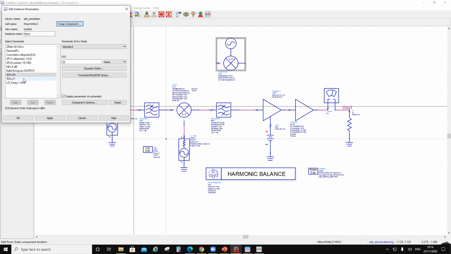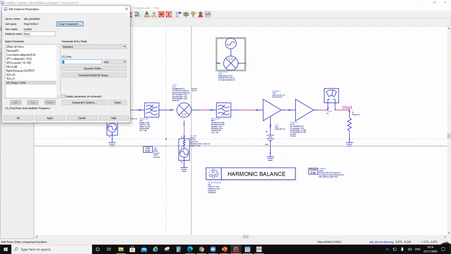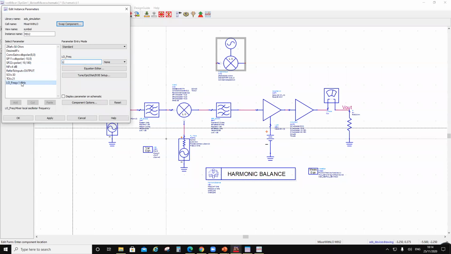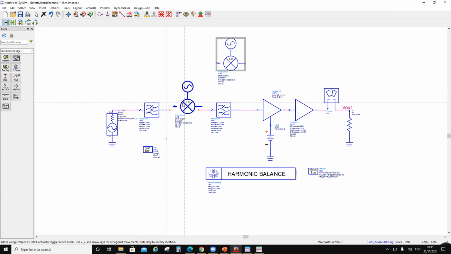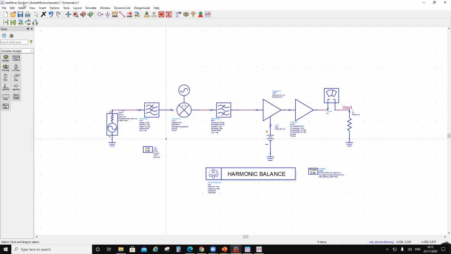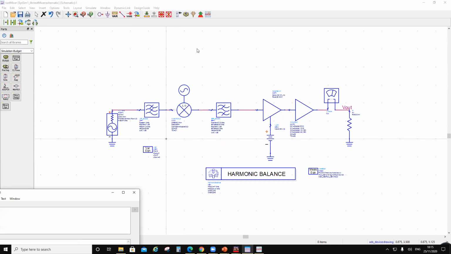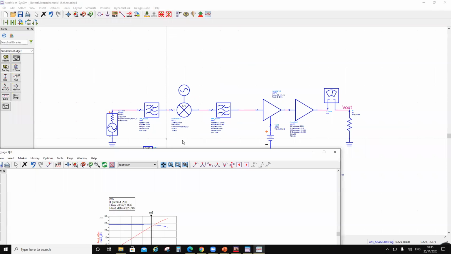And next is the LO frequency. So LO frequency is going to be just LO, as we were doing, LO in gigahertz. Now this is the equivalent of that. I can throw this off and replace it with this guy. So that's all set. I can still repeat the simulation.